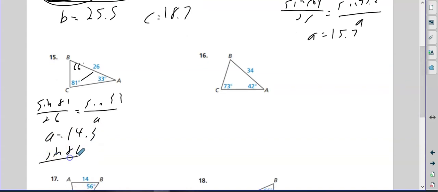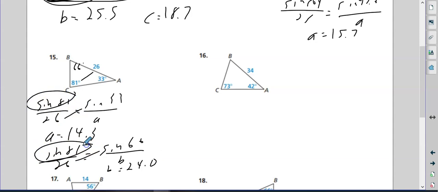Sine of 81 over 26 equals sine of 66 over little b. And that would give me b is 24.0, rounded. Okay? So again, we just cross multiply and divide. Same thing here.